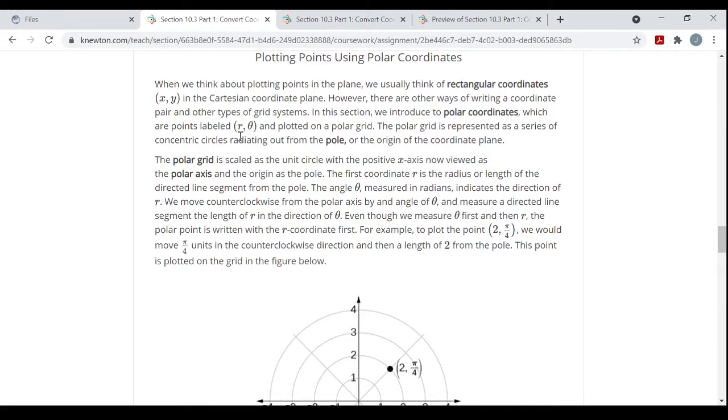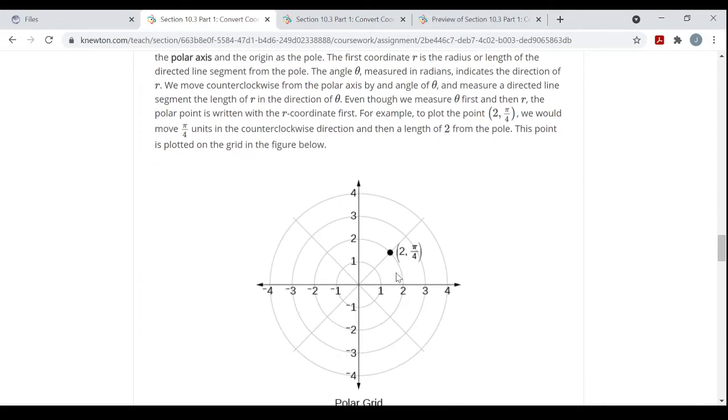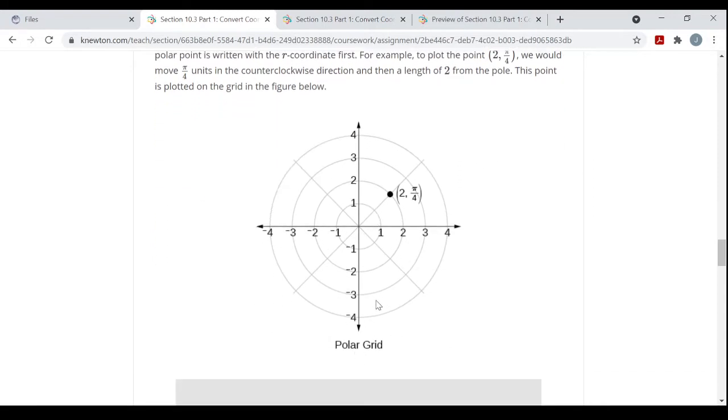R will basically describe the radius of the circle that you're on, and theta is the measure of the central angle that you sweep out to travel to your location. You'll see what I mean by that in some pictures in a minute, and the points are plotted on a polar grid. Here's an example of a polar grid. Circles instead of rectangles.